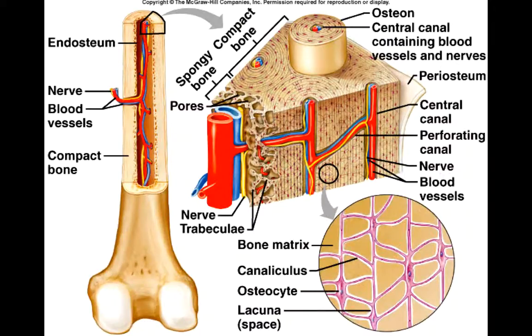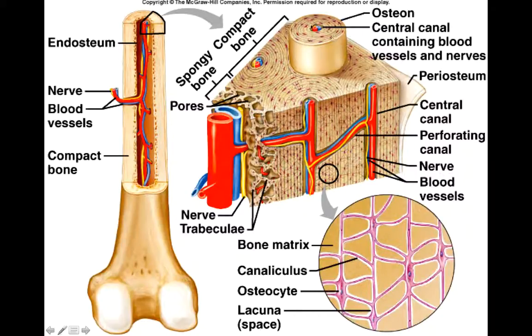Okay, this is looking at it in a little more detail, the microscopic structure. This structure of the long bone, we just took this little piece out right here so we could see the structure of the compact bone and the structure of the spongy bone.